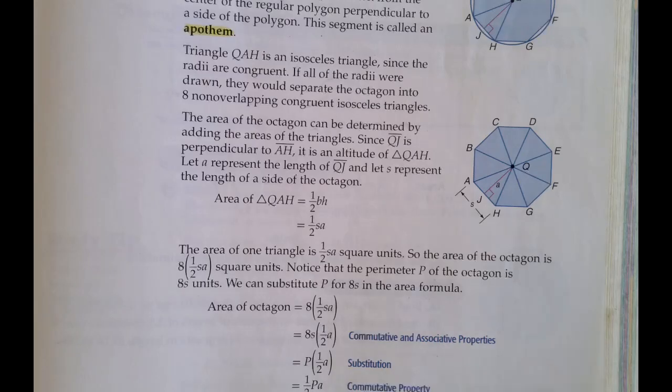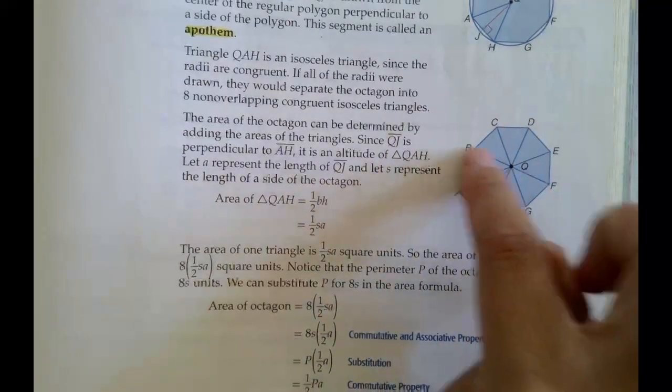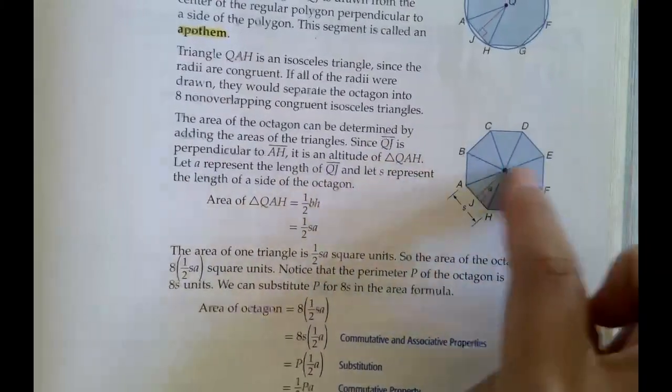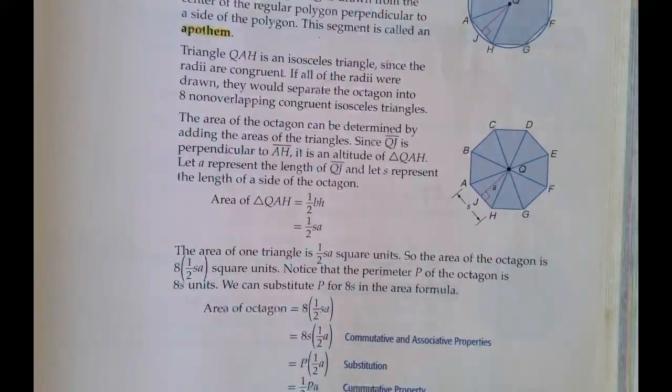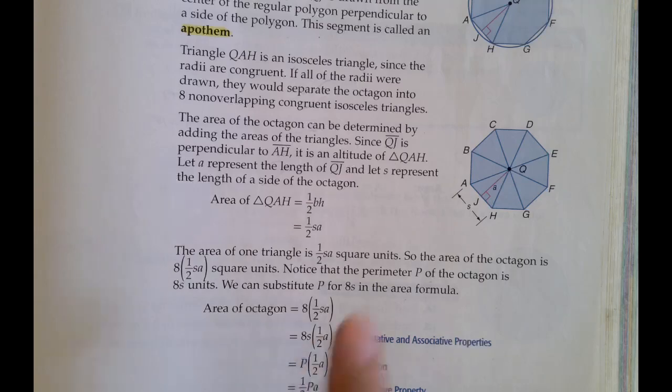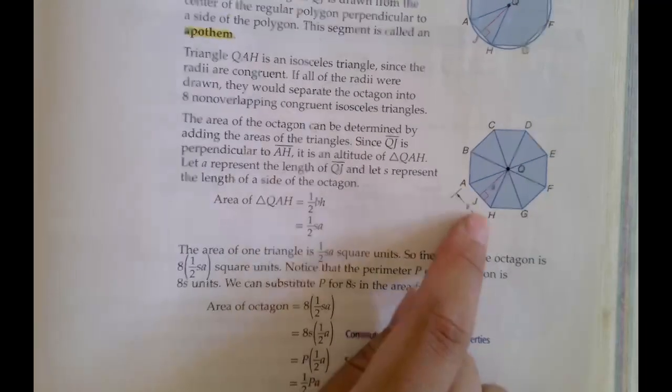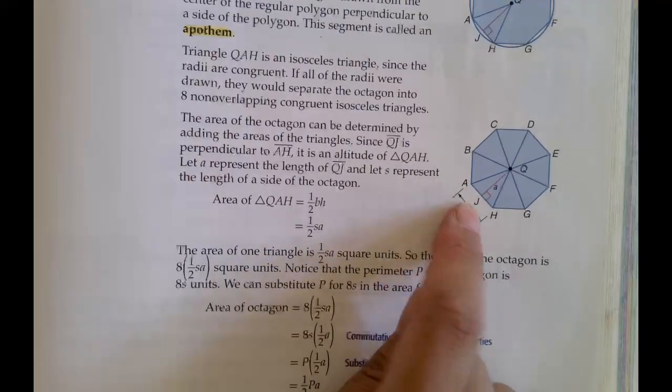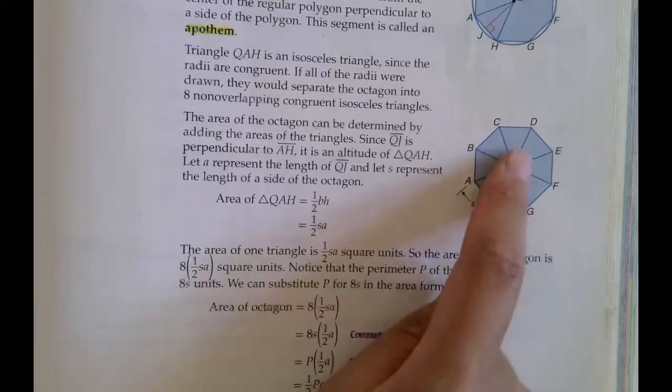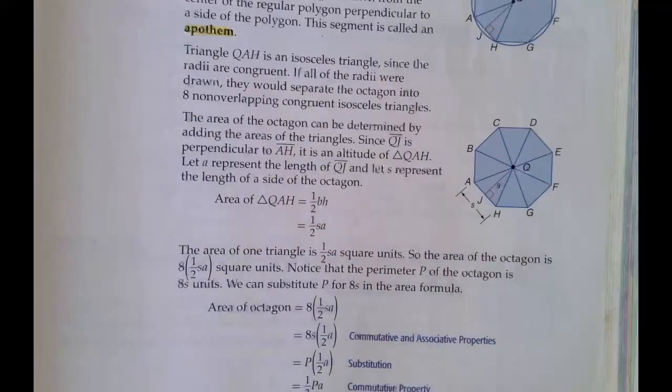So we can imagine that we broke up this octagon into smaller triangles. The area of each triangle is 1/2 base times height, or in this case 1/2 of the side length as the base, and the apothem is the height of that triangle, so 1/2 s a.